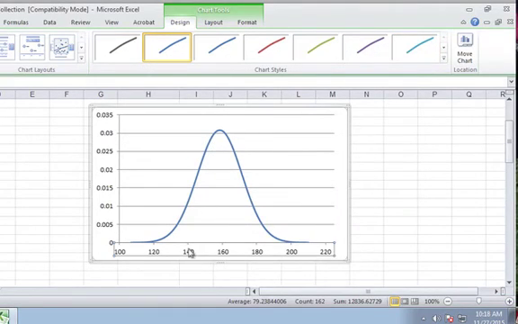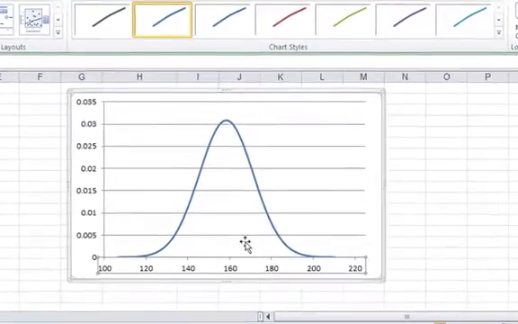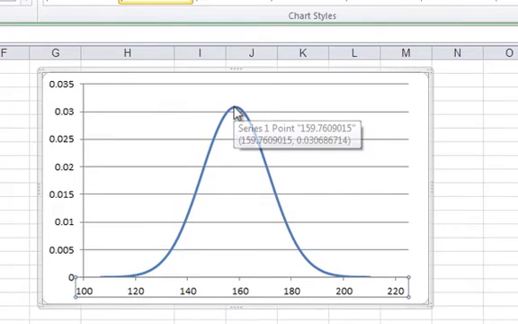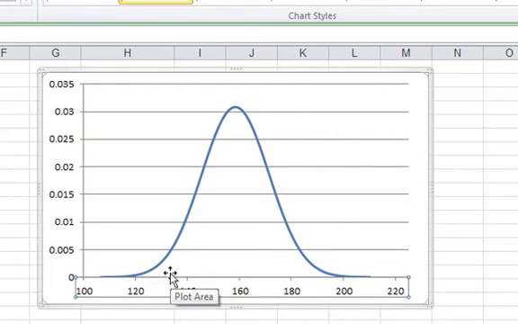So here is the height. Here at about the mean, which is approximately 158, this would show how you expect the heights to be distributed. We would expect very few people to be around 120 to 130 centimeters tall, and very few people above about 190.